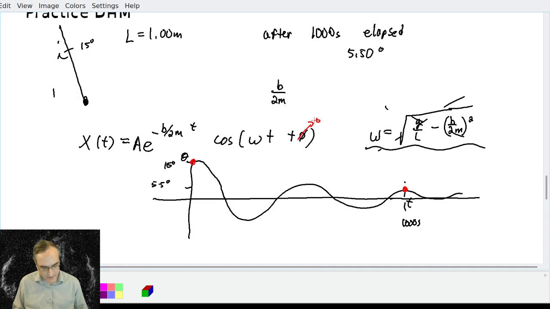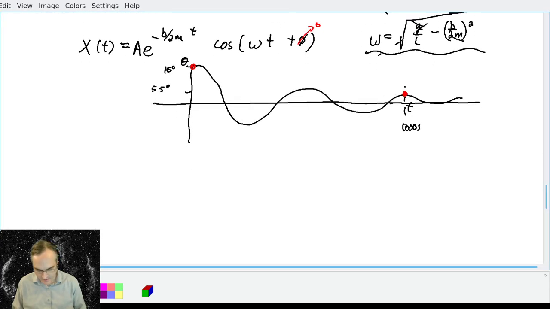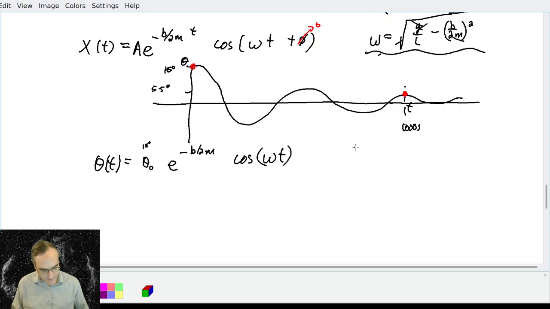Let's say this is 0 for the sake of argument. It'll make this a little bit easier to understand. So that means theta as a function of time will look something like our theta naught, which is our 15 degrees, e to the minus b over 2m cosine of omega t. Well, if t is equal to 0, then cosine omega t is equal to 1.